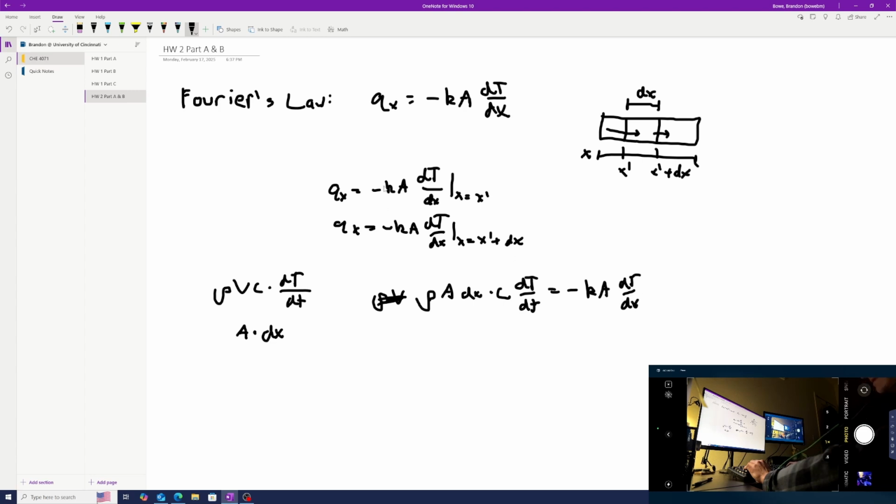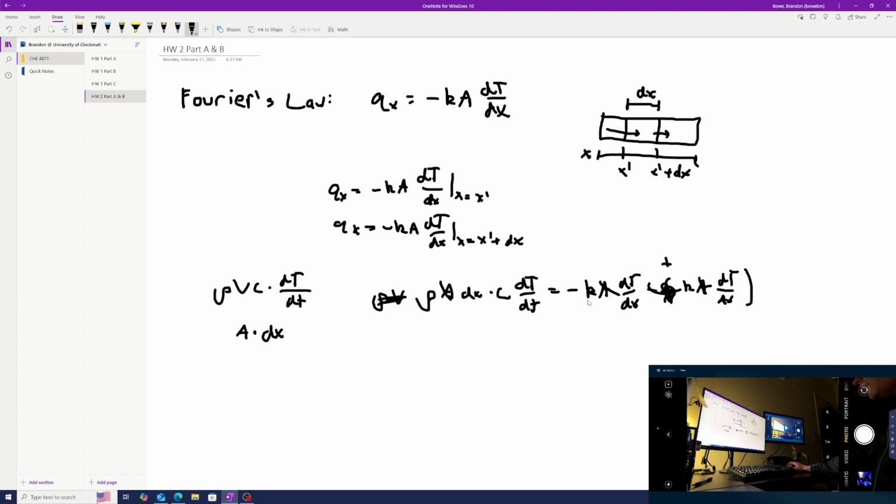Then, since this is going out, it will be negative, so negative, negative again, KA, change in temperature with respect to position. And now that we have this, we can cancel out our area, which just leaves us with K. We can just scribble that out, make it a plus, which makes it a little easier.